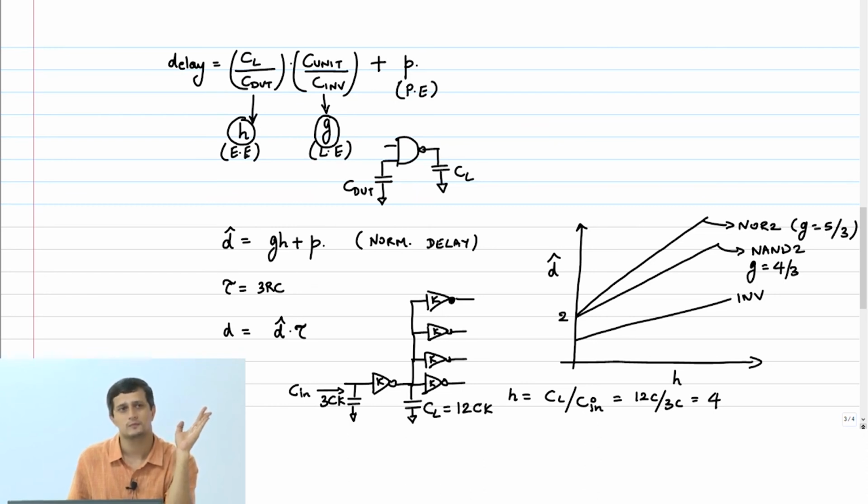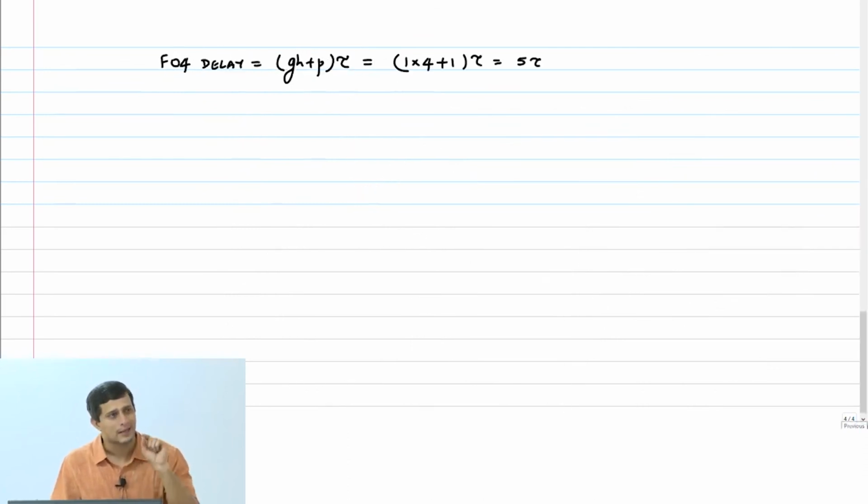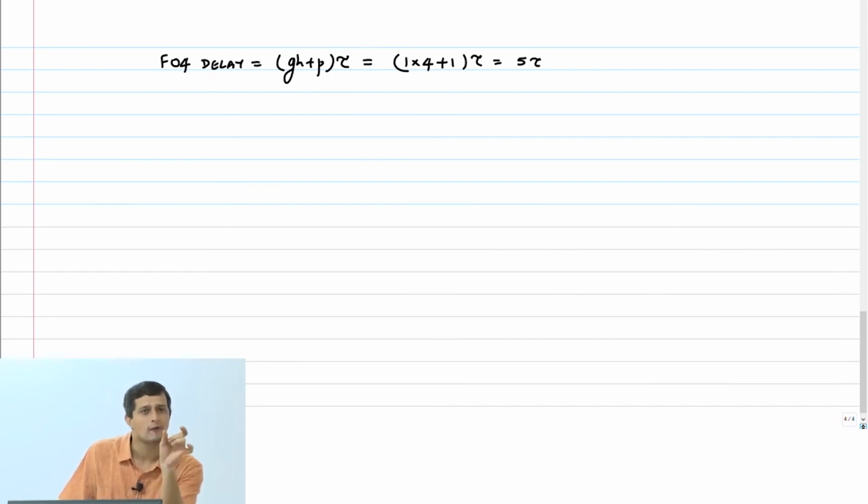Clear? So this FO4 delay is an important characterization that people will do in VLSI. When you go to a new technology, the first thing they will characterize is the FO4 delay of the inverter. Just a thumb rule: if you are in a 180 nanometer technology, then the FO4 delay is typically between half and 1/3 of that technology node in picoseconds.